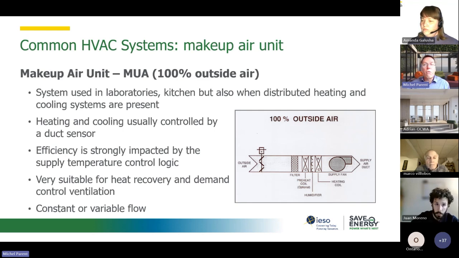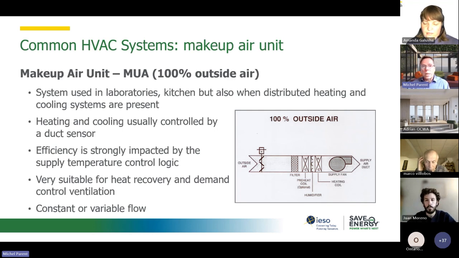So you need to know physically how far apart they are, and also the exhaust. Is it a clean exhaust, or is it a dirty exhaust that basically cannot be recovered? Is it a general exhaust that doesn't have any fume or any contaminant that would prevent using heat recovery? So those are the things you need to do when you identify the type of system.